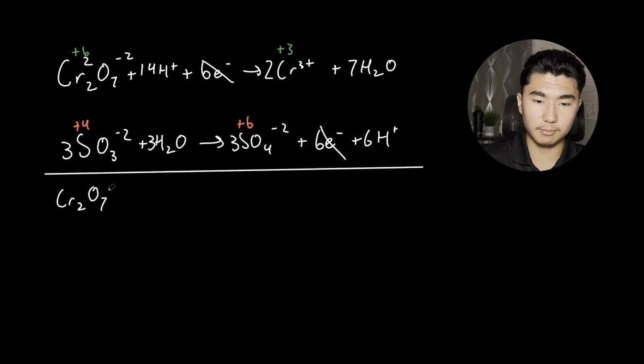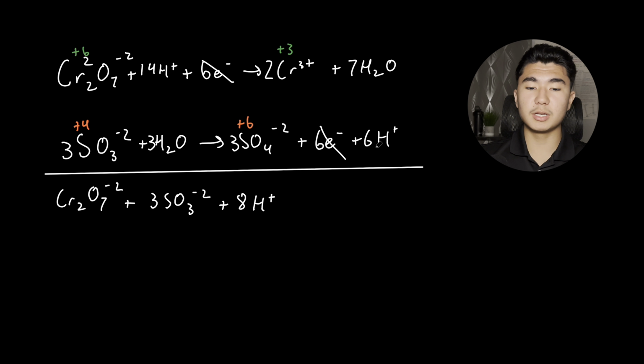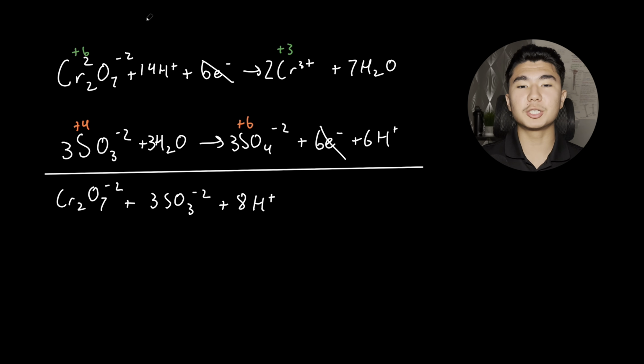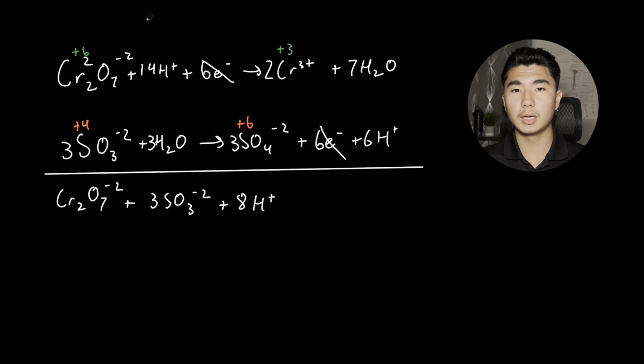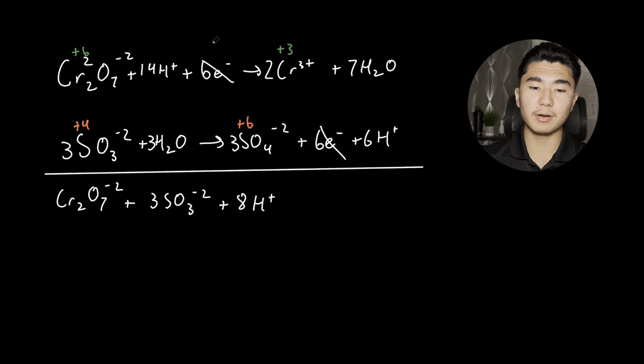So what we're going to end up with is Cr2O7 2-, and I forgot the minus 2 over here, plus 3SO3 2-. Then we'll also have plus 8 hydrogens because 14 minus 6 gets us 8. As we remember from net ionic equations, when we have the same element on the product side and the reactant side, we subtract those out, and whichever one is the biggest stays on its side.